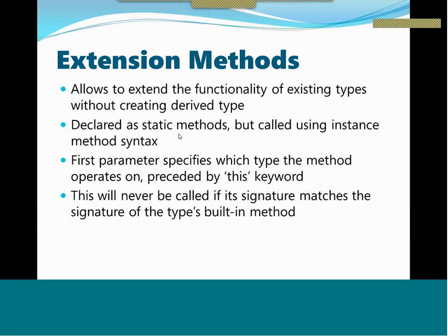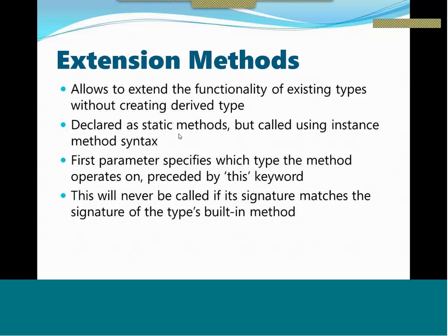So these are created as static methods, but if you look at the invocation syntax, it looks like an instance method syntax. While creating an extension method, the first parameter specifies for which type we are creating this extension method.